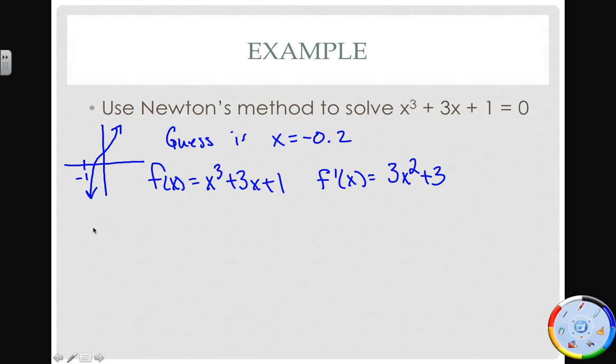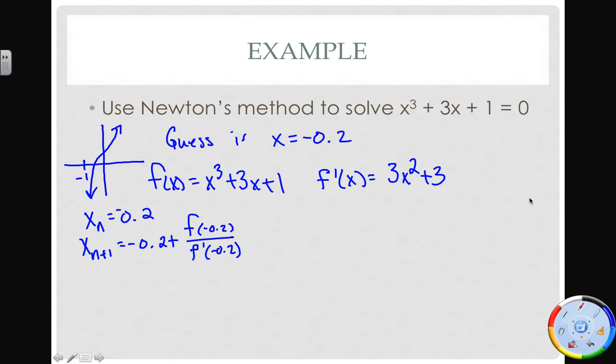So then I want to figure out the next value. I know that x sub n is -0.2. That's my initial guess, which means my next value is going to be this value plus f at -0.2 divided by f prime at -0.2.